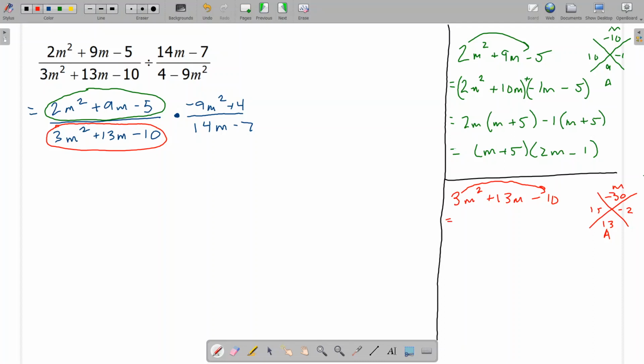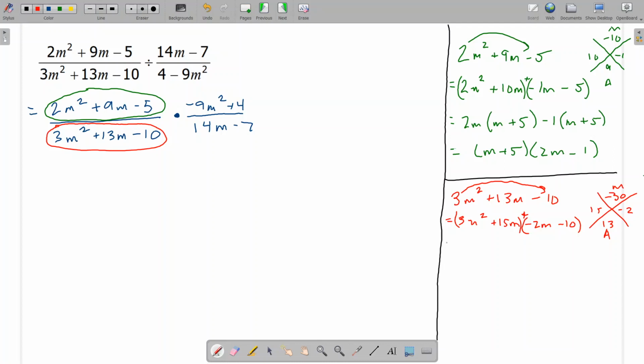So let's go ahead and do this. We have 3m squared still, but remember our 13m is splitting into 15m minus 2m minus 10. We make our groups, put that plus sign in between, and then factor out our GCFs.